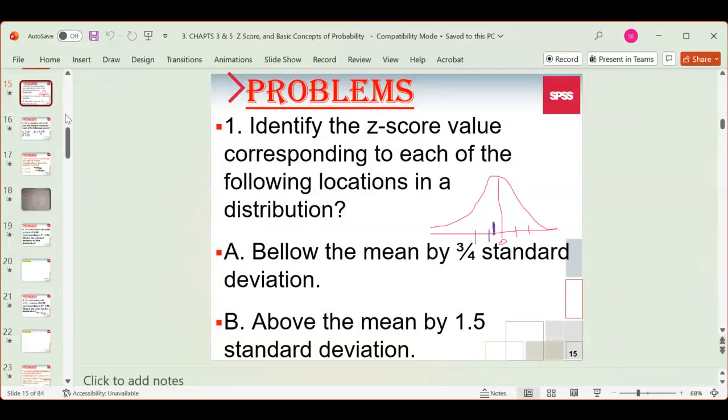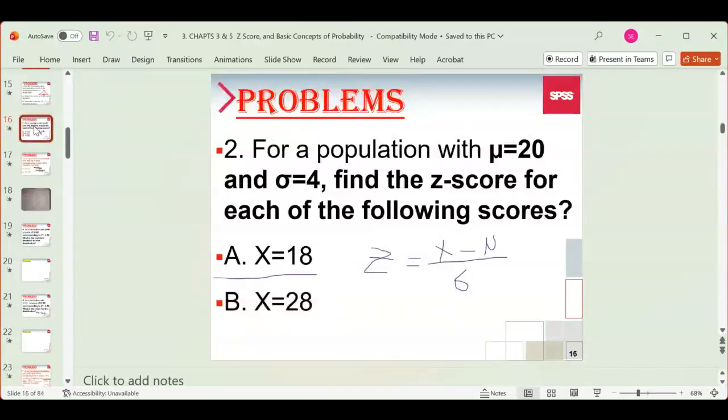So this is good practice. If you don't know, you can learn it by practicing all those distances. I'm not going to go over all these problems, just to give you some idea.